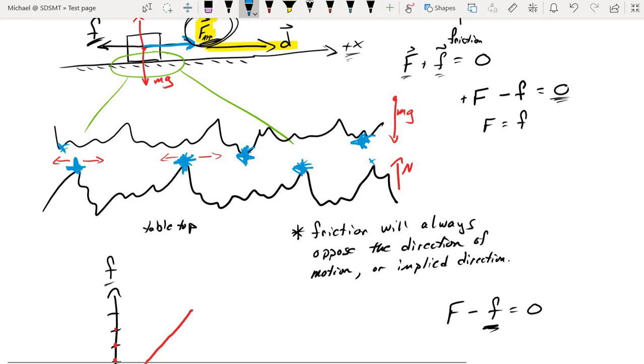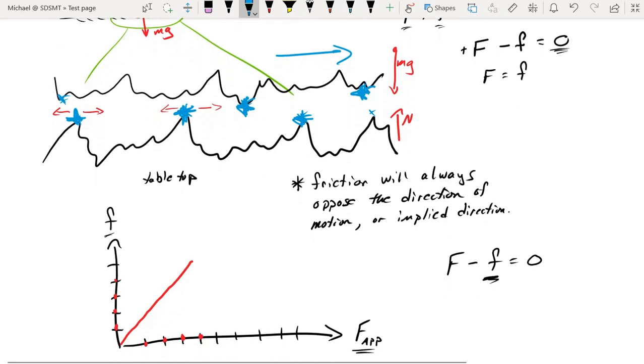And we're going to start seeing the block start moving across the tabletop. So that's that jerk motion that I mentioned before.